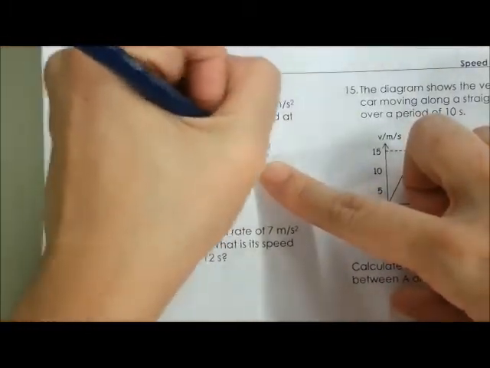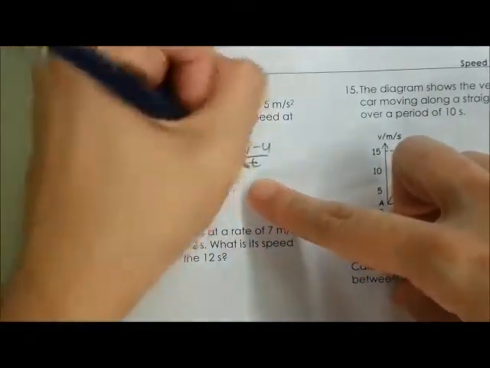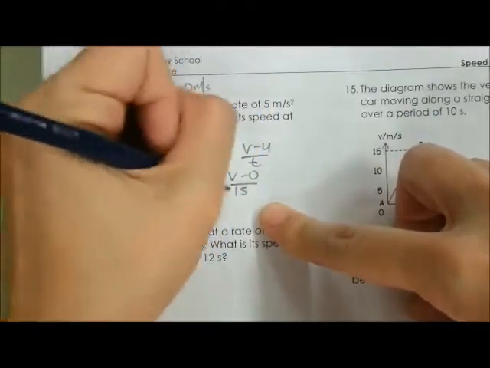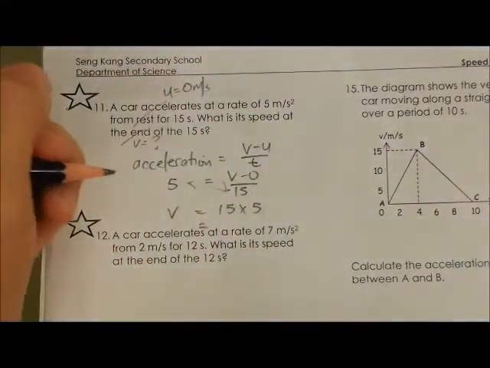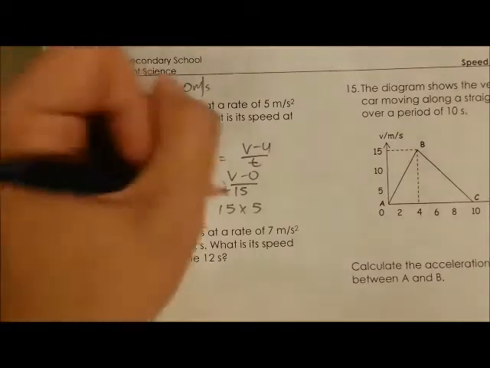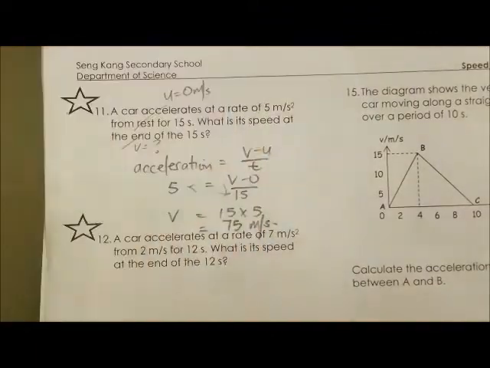Acceleration is v minus u over time. 5 equals v minus 0 over 15. Cross multiply: 15 times 5, 75 meters per second.